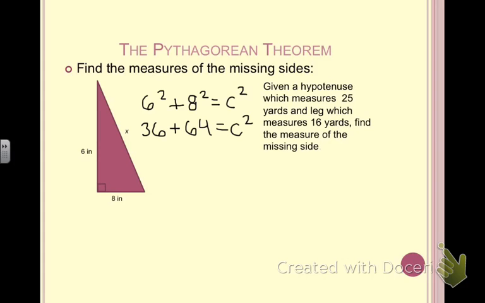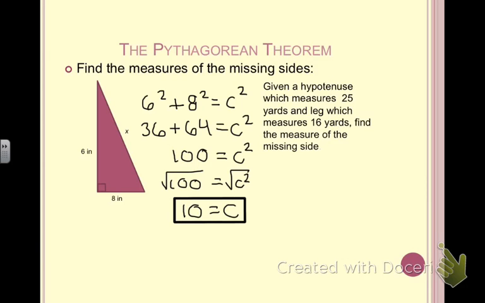The sum of 36 and 64 is 100. Now we need to take the square root of 100 to get c. This gives us that 10 equals c because the square root of 100 is 10. Therefore, the hypotenuse here is 10 inches.